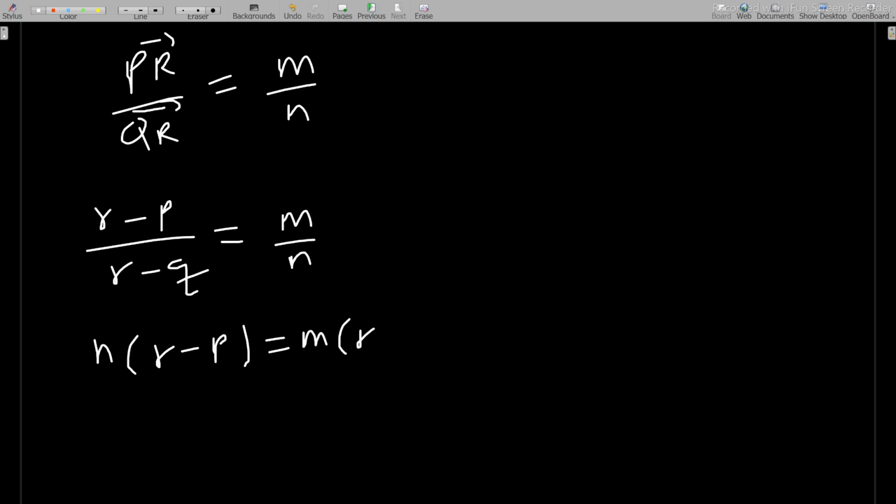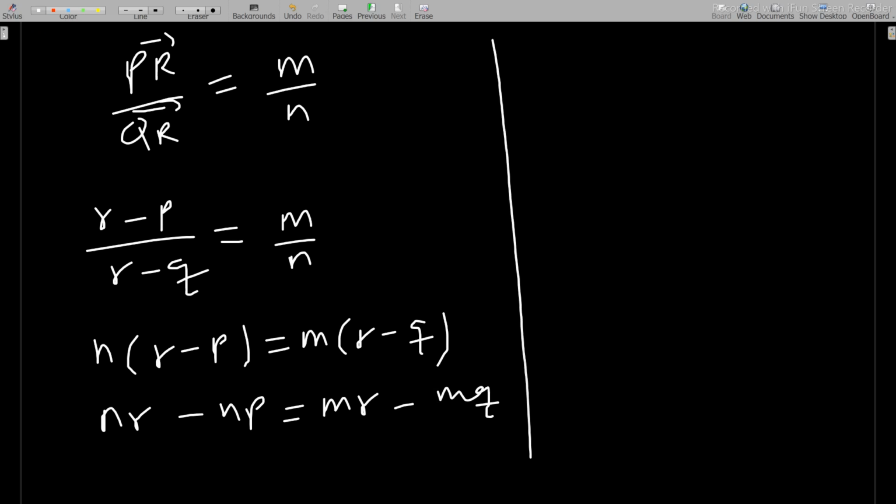So I can make R the subject here, okay? NR minus NP should be equal to MR minus MQ, okay? Now with this, we can say that NR minus MR should be equal to NP minus MQ, okay?